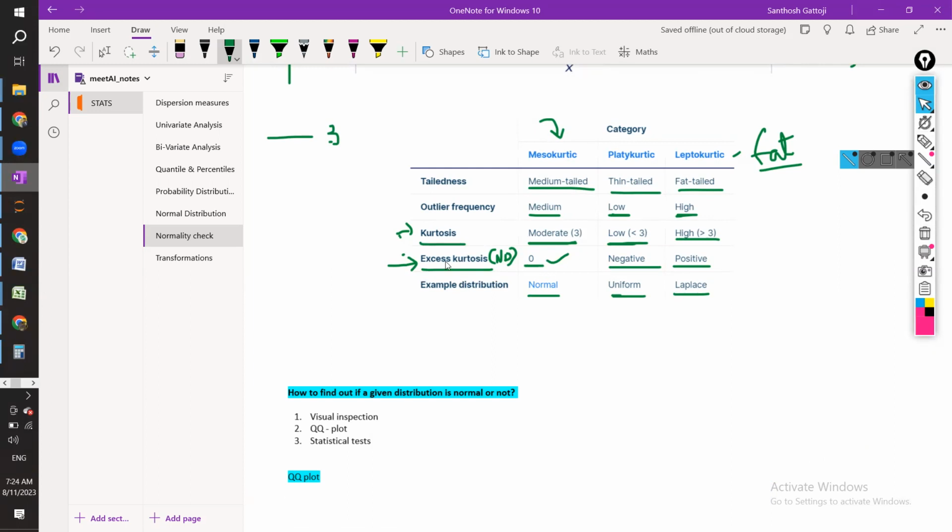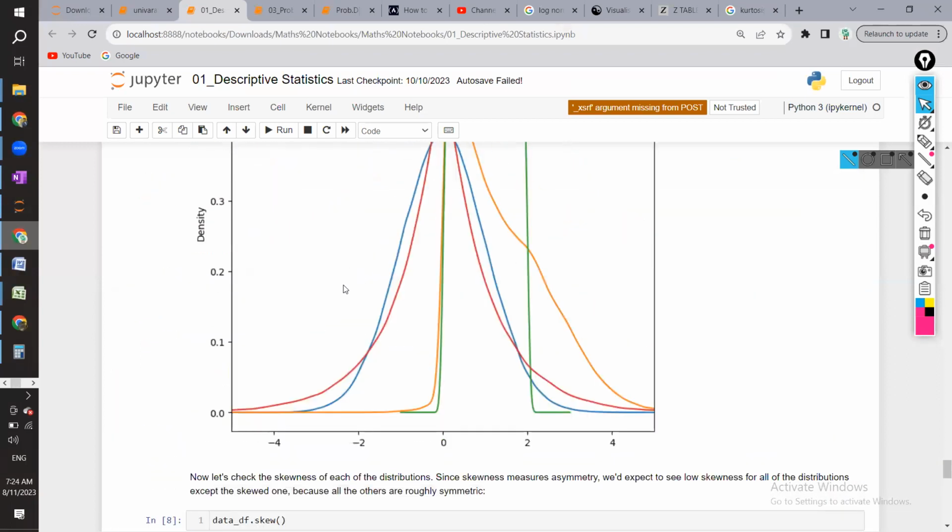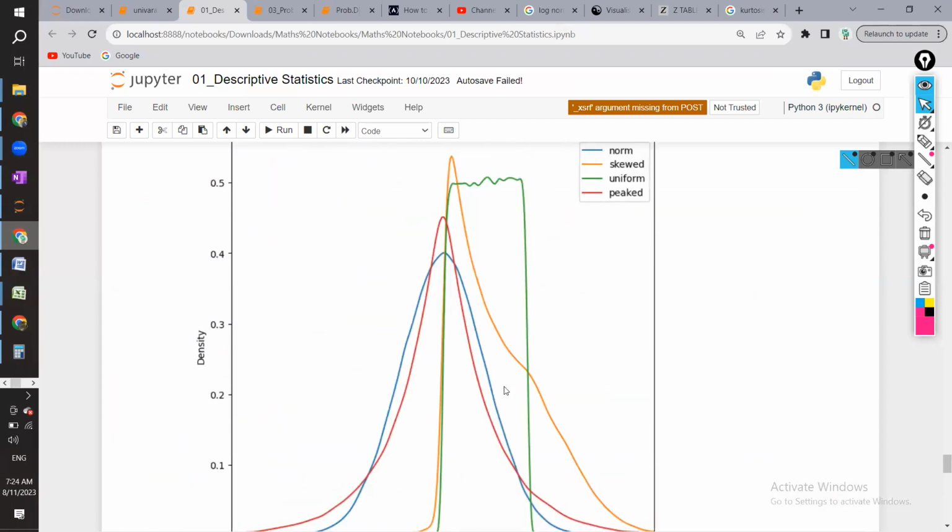But as I said, mostly we will follow the excess kurtosis. Even in formulas, whatever you are getting is the excess kurtosis, which is with respect to the normal distribution. When it is a normal distribution, the excess kurtosis value will be equal to 0. That's why for the normal distribution, the blue one, it is equal to 0. Agree? Are you getting it, or any doubts here?